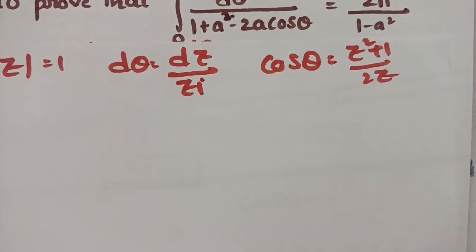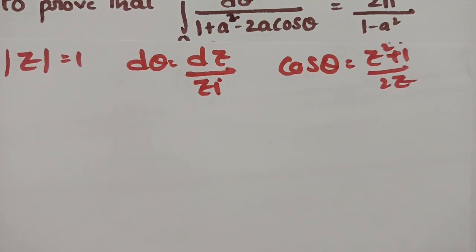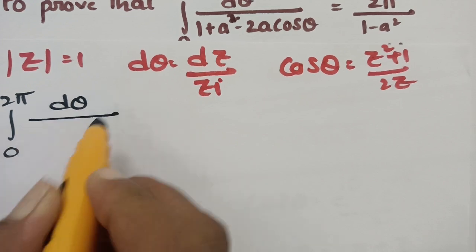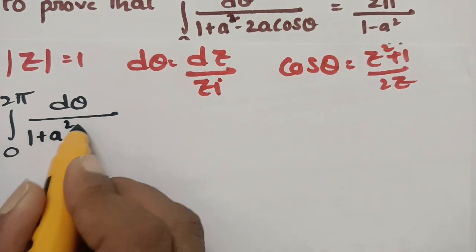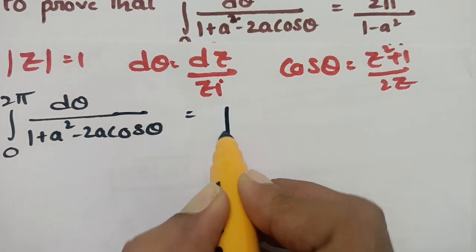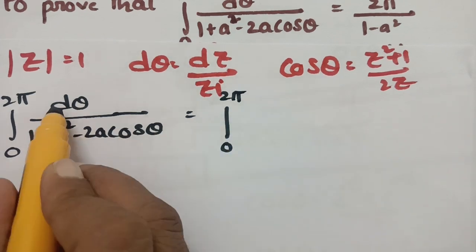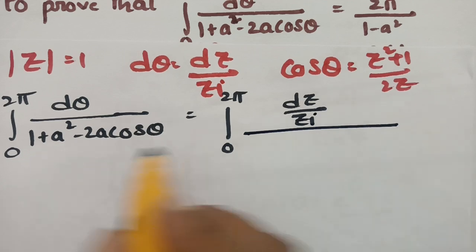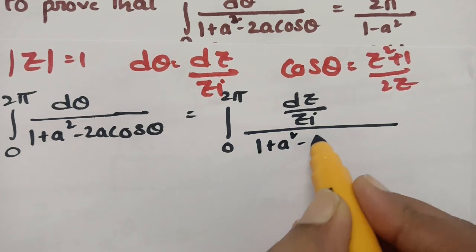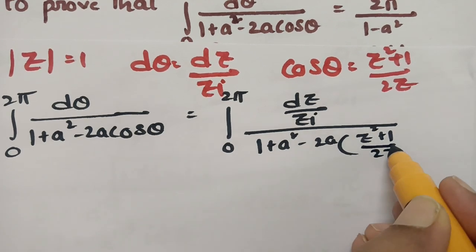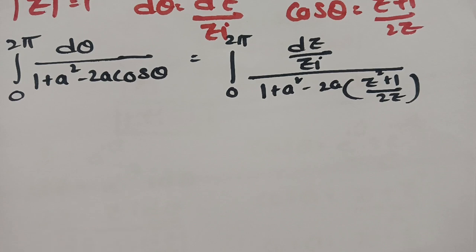Clear? Now I am going to substitute in this integral. The integral here is the integral from 0 to 2π of dθ by 1 plus a² minus 2a into cos θ. This can be written as the integral of, in place of dθ, I am writing dz by zi, by 1 plus a² minus 2a into (z² plus 1) by 2z.